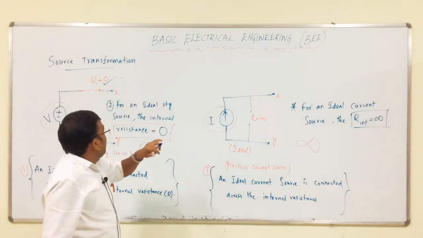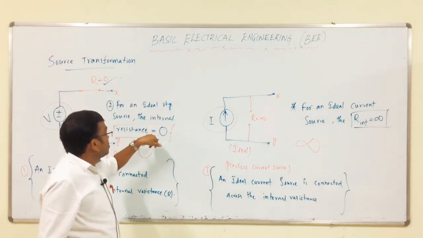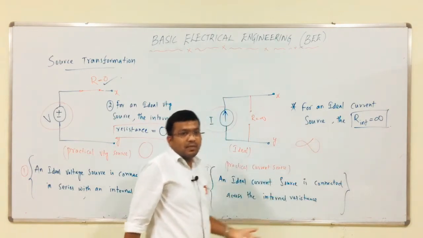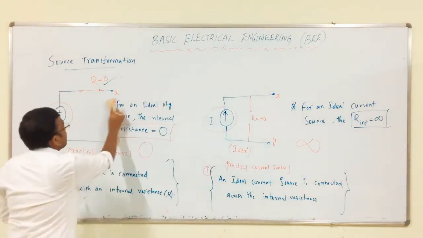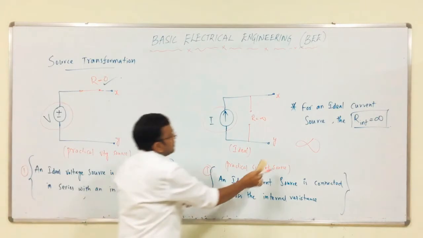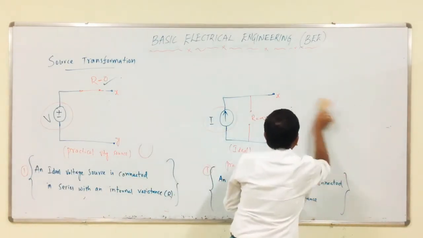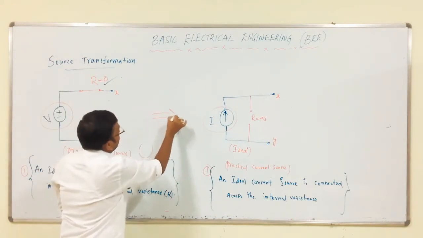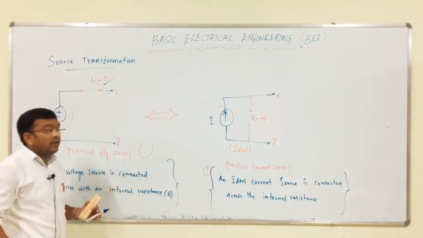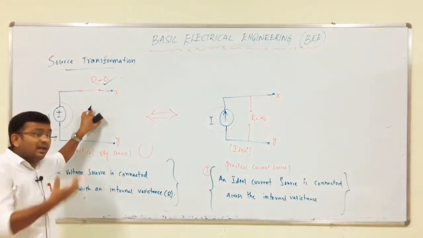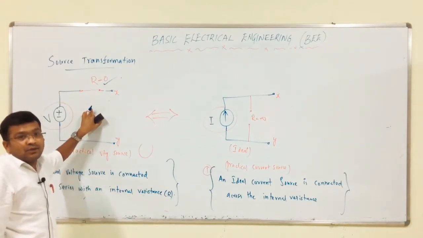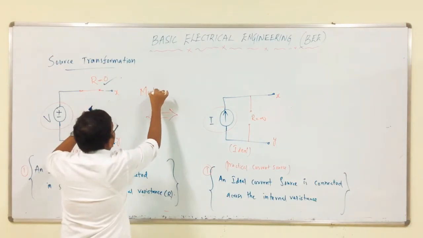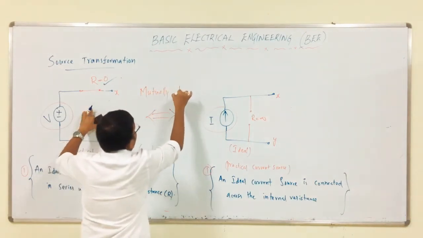And the second point is what? For an ideal voltage source, the internal resistance is 0. In this case, the internal resistance is infinite. And third point is this practical voltage source and this practical current source are mutually transferable.